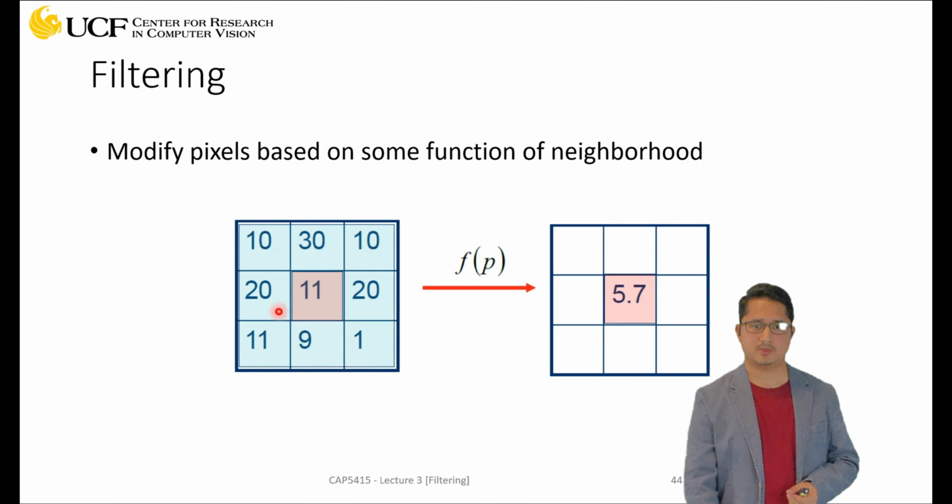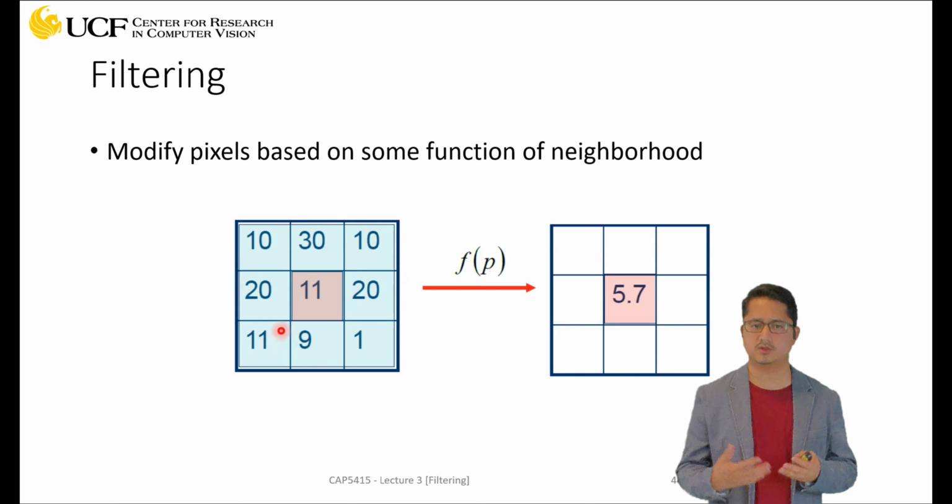In this case, you can see the neighborhood is 3 cross 3, and we are interested in this location. This is the X and Y where we are centered at, and F_P, let's say, is your kernel, which is operating at this point P. Now, when you apply this filter on this neighborhood, this function will utilize all these values in some way or other.